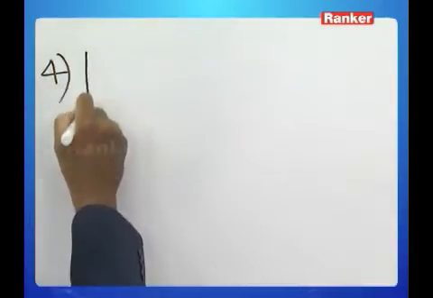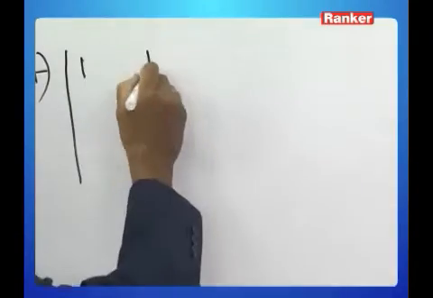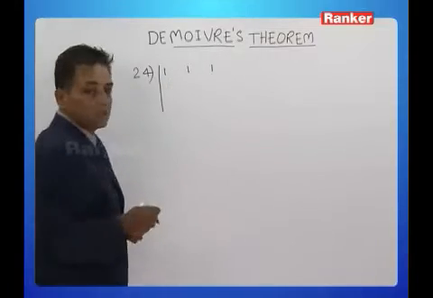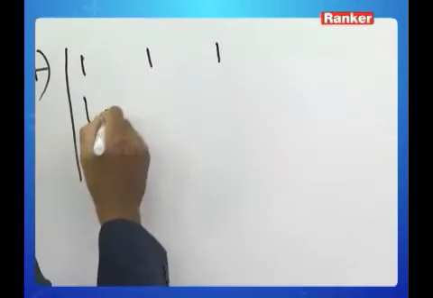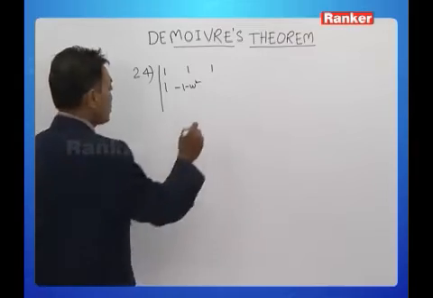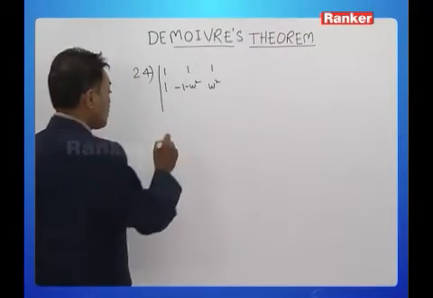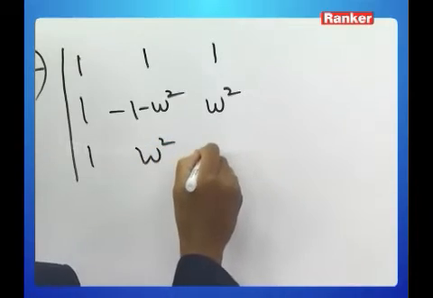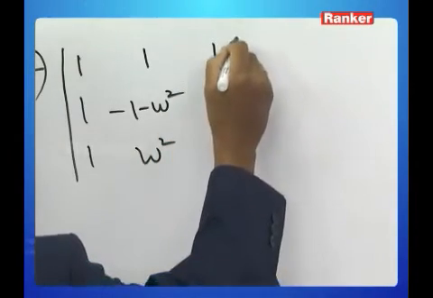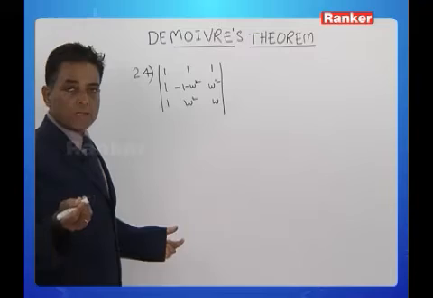So, the determinant of 1, 1, 1, this is the first row. Second row 1, minus 1 minus omega square, and omega square. Finally, third row is 1, omega square, and omega power 4. Omega cube is 1, so omega power 4 is omega only.